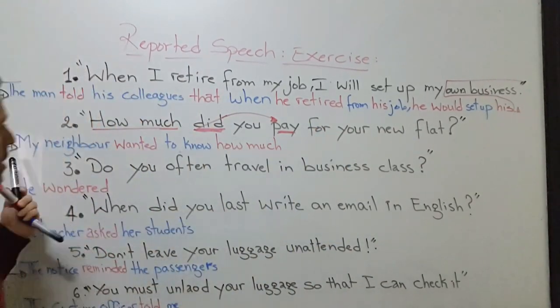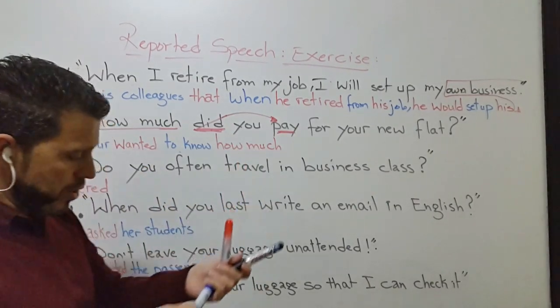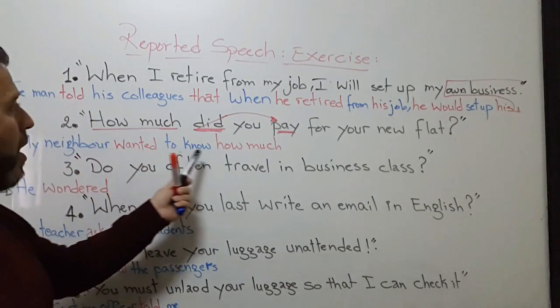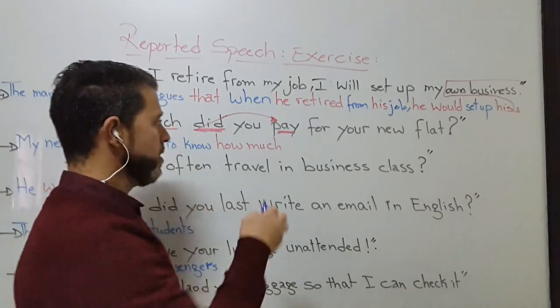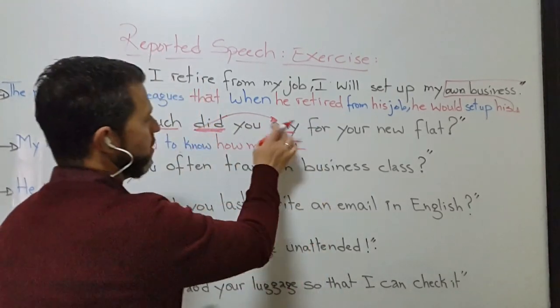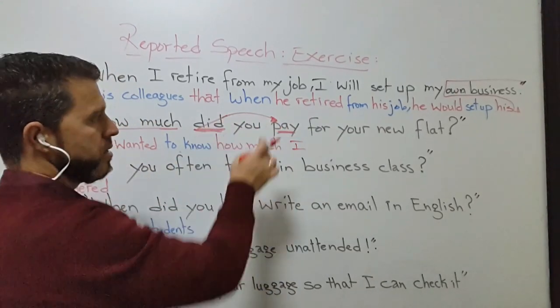So let's start. My neighbor wanted to know how much. Okay, my neighbor wanted to know how much. The question is for me, directed to us. How much we have here pay in simple past. So did you pay? Did in simple past.